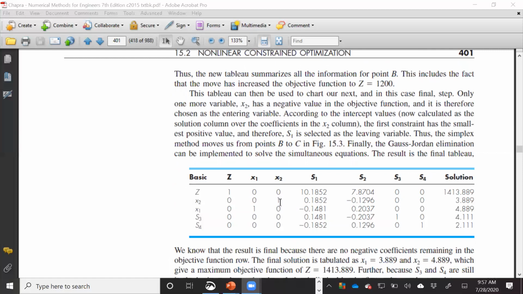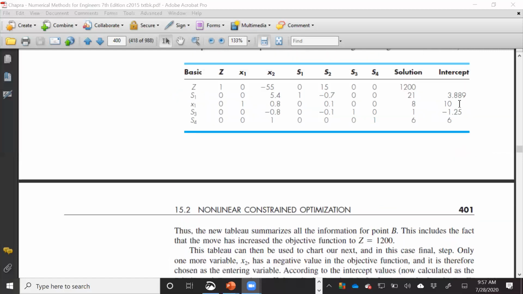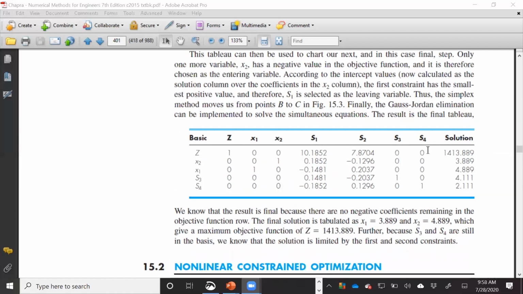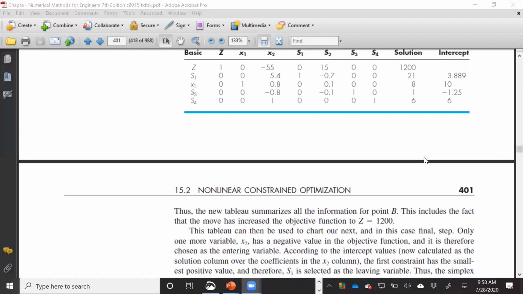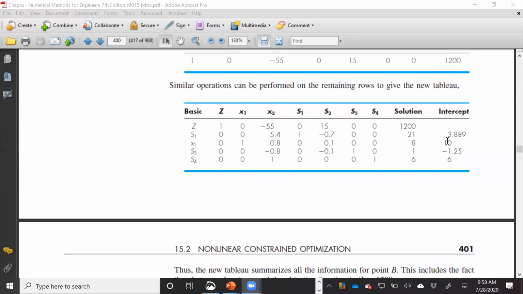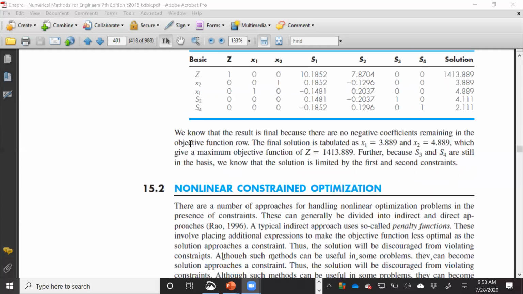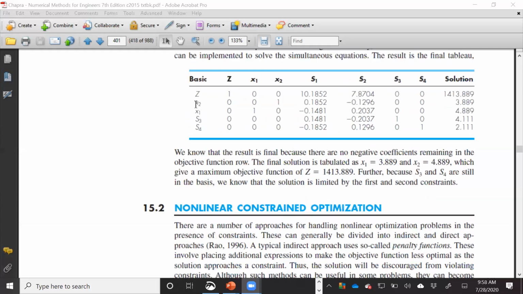And then you need to focus on this new intercept. You can see that the smallest positive value is S1. So here S1, you need to replace it with X2.